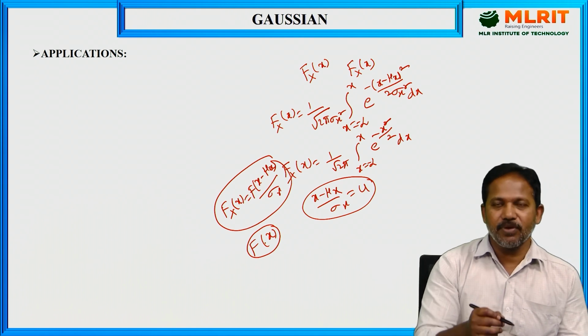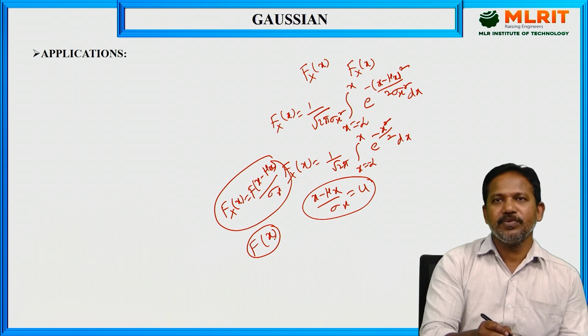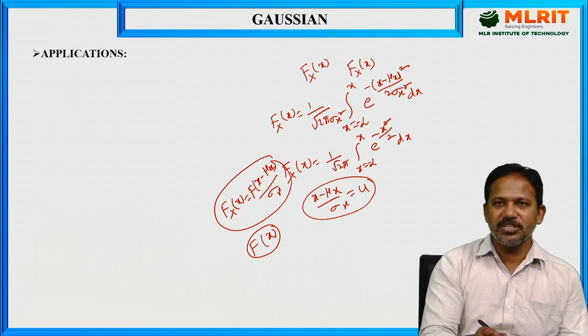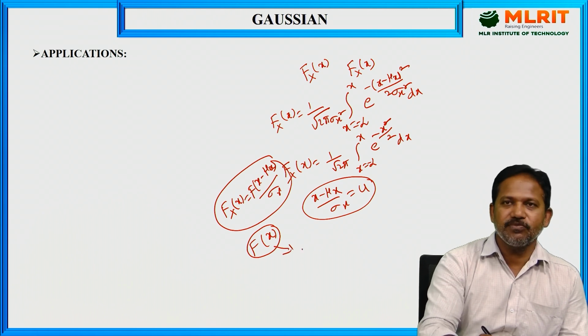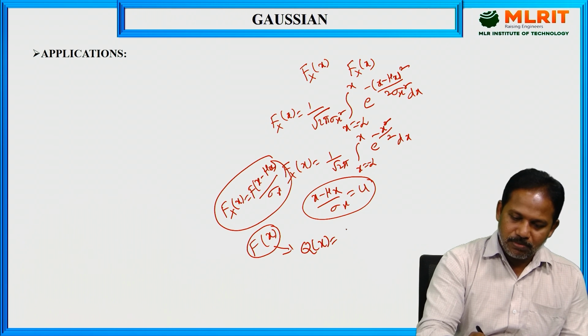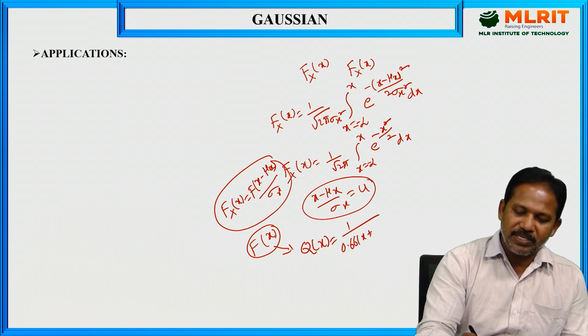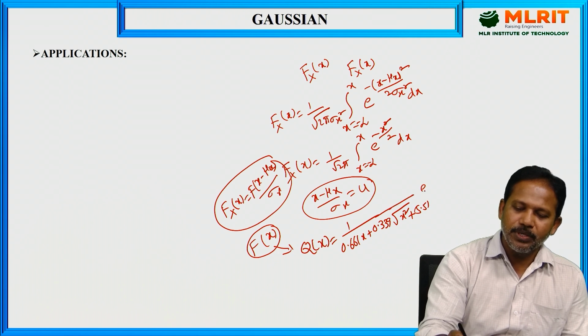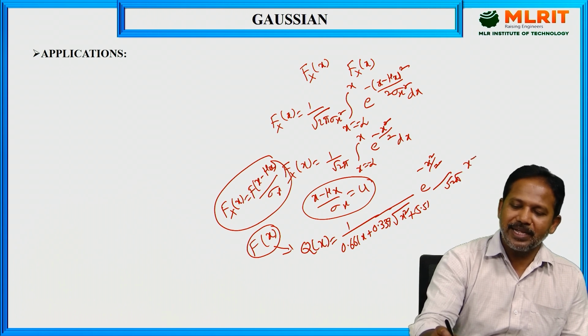How to find this F of x? If you want to find F of x, we need to know the approximation function, that is Q of x. Q of x is equal to 1 by (0.661 into x plus 0.339 into square root of x square plus 5.51) into e power minus of x square by 2 by root 2 pi, for x greater than or equal to 0.